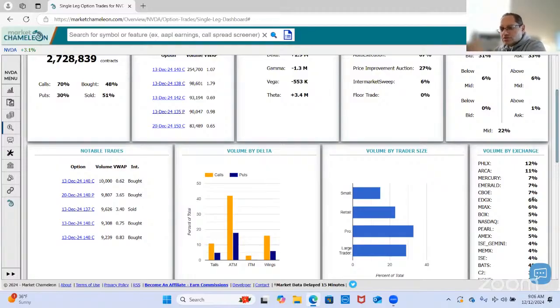So if you're self-directing to an exchange, you're trying to get a quicker fill or maybe a price improvement, knowing where there's more volume and more orders could improve your chances of a more immediate execution or a price improvement. So this is just a quick reference to see the distribution of executed volume by exchange.